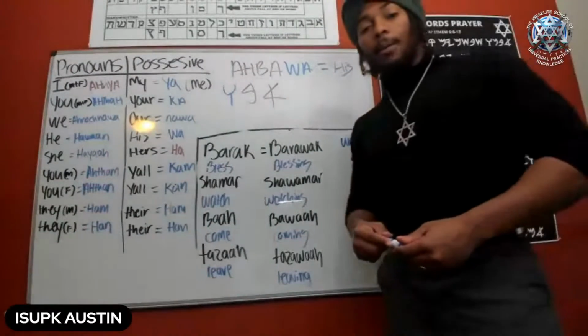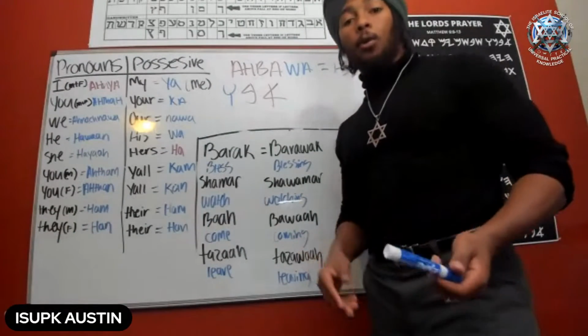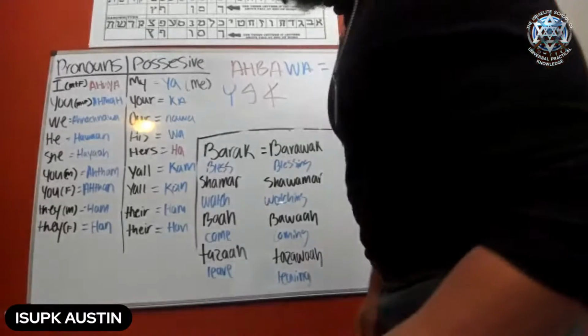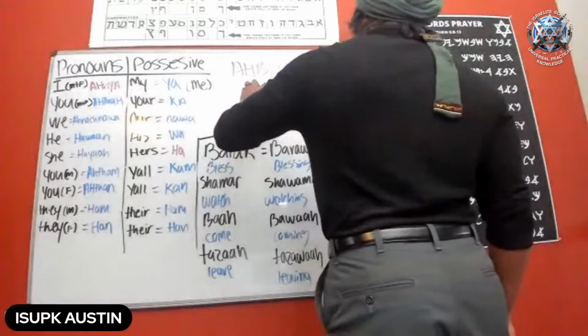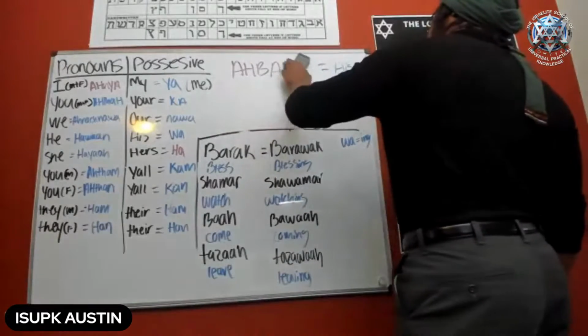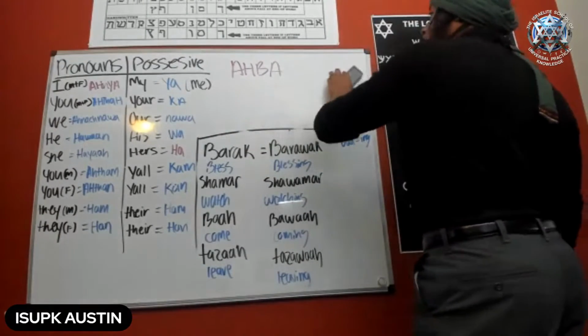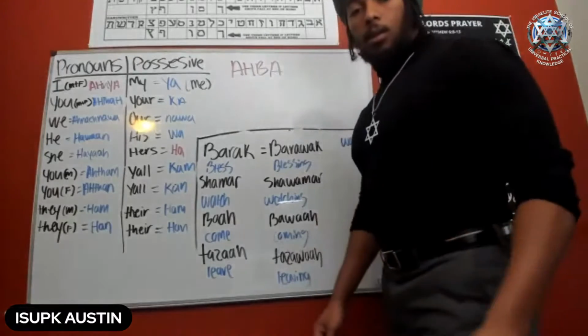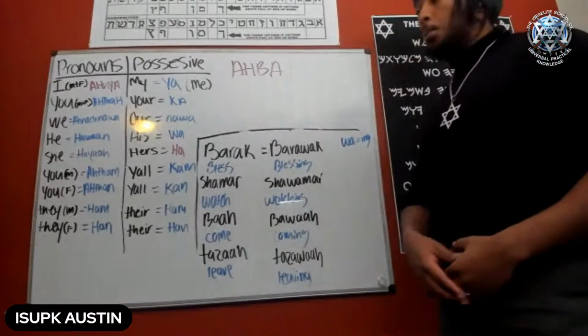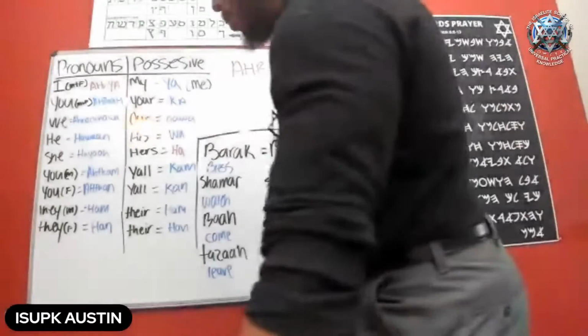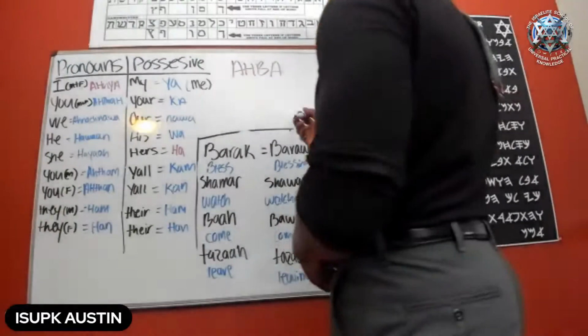That's what his is. Now, if I say our, we've heard our before. Why? Because we've seen the prayer. It says our Father. So what will we put here for our? We will put Nawa, because it's our father.